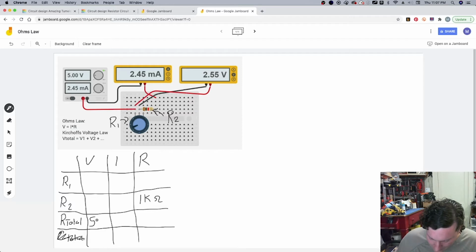So we know that we've got 5 volts. Knowing that we have a total 5 volt circuit and that the power supply is providing a 2.45 milliamp current, that's starting to tell us a little bit about what we can fill in.